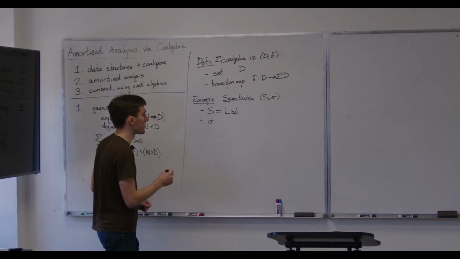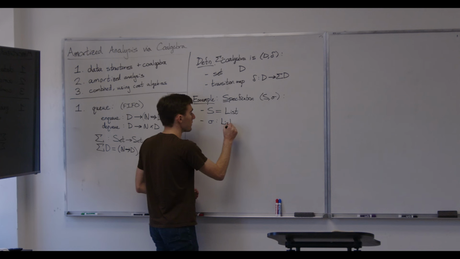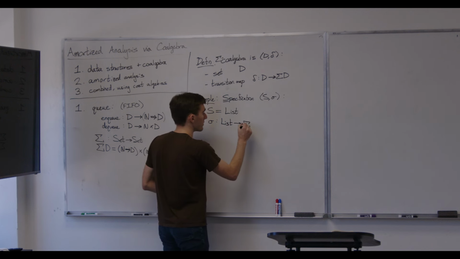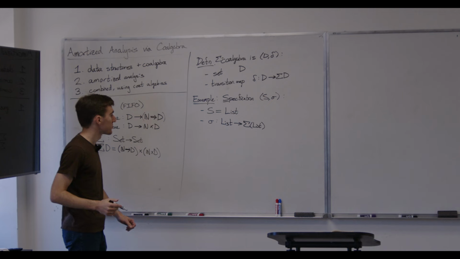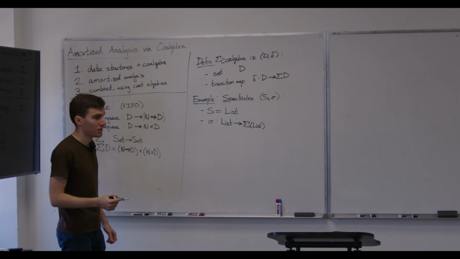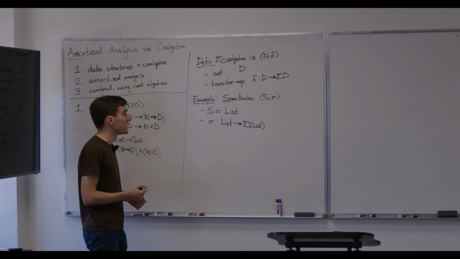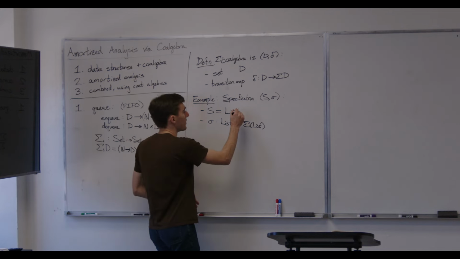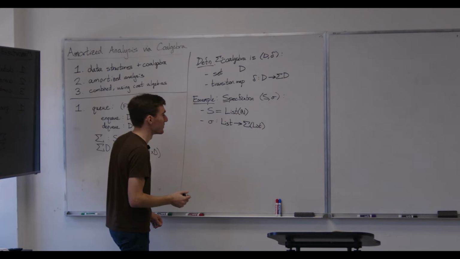So the way I'm going to implement sigma, well, let's write the type of sigma first. It's going to have type list to sigma of list. And I'm going to use this technique that computer scientists call co-pattern matching. If you know pattern matching, it's the opposite. List of naturals? Yeah, list of natural numbers. I can write it here, but I'm going to write list enough that I don't want to do that too many times.